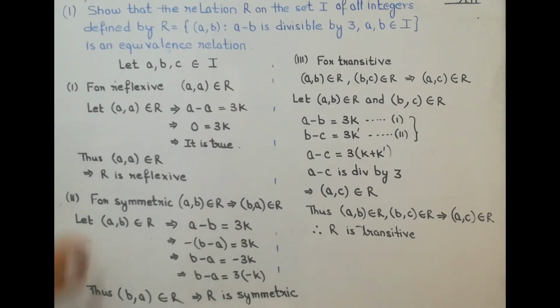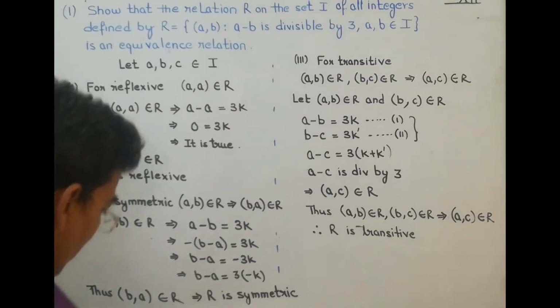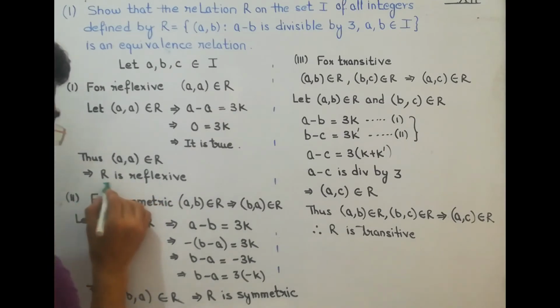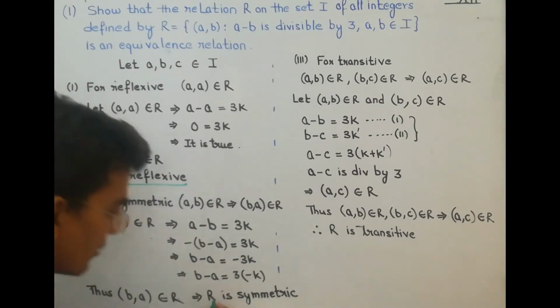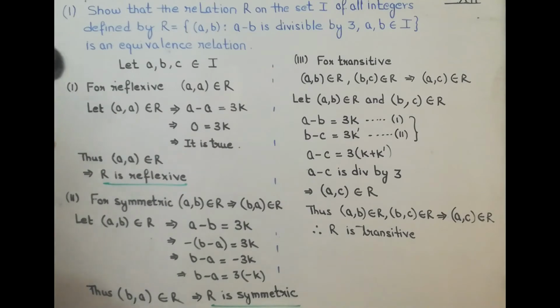So we have shown that R is reflexive. See here, we have shown R is reflexive. We have shown R is symmetric, and we have shown that R is transitive. Therefore, R is an equivalence relation.